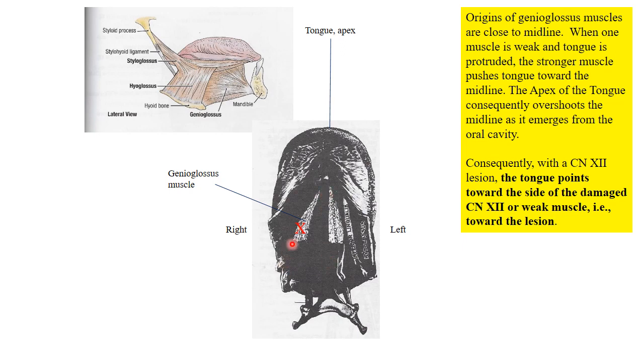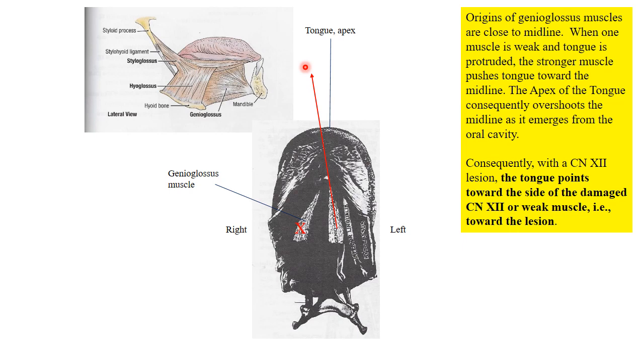And so what's going to happen is if you have weakness of the right genioglossus and the left genioglossus is relatively unopposed, when the tongue is stuck out, it's going to go like this. Okay, it's going to deviate by the left genioglossus pulling towards the midline. Okay, as it protrudes the tongue is going to overshoot and go from left to right. Okay, so the tongue is going to be sticking out and deviating towards the right side.